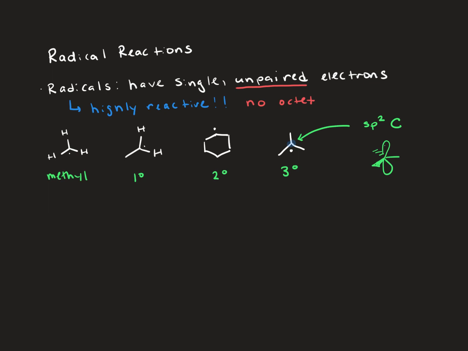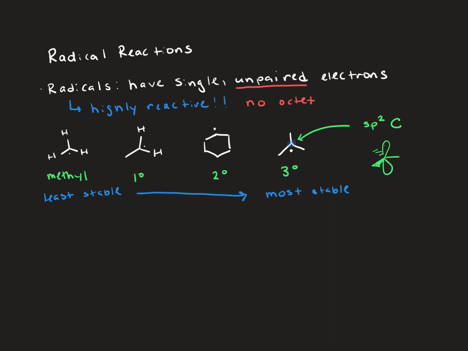And in terms of general stability, the trend is that if we have more alkyl groups attached to the carbon with the radical, you get a more stable radical. So this is the most stable of these radicals that we've seen so far, and this is the least stable, because the alkyl groups, the carbon-hydrogen groups, can contribute their electron density to help or assist the electron-deficient carbon in the center.